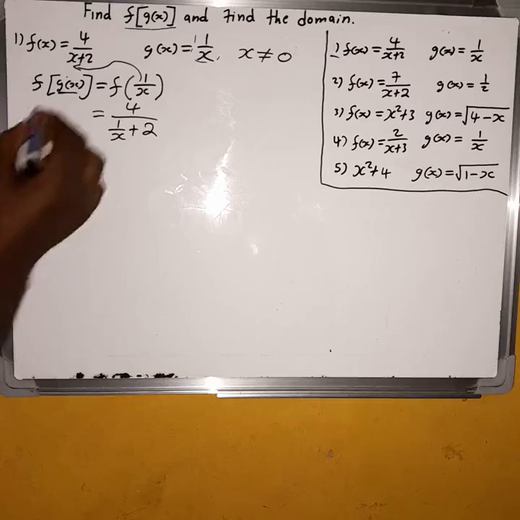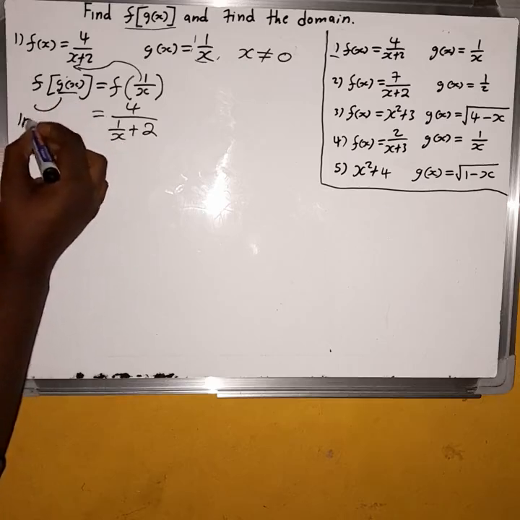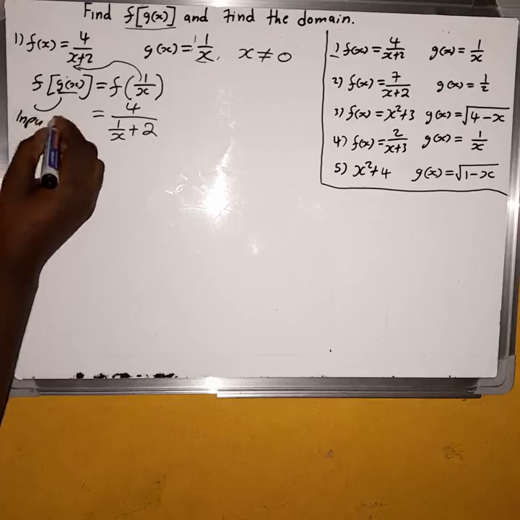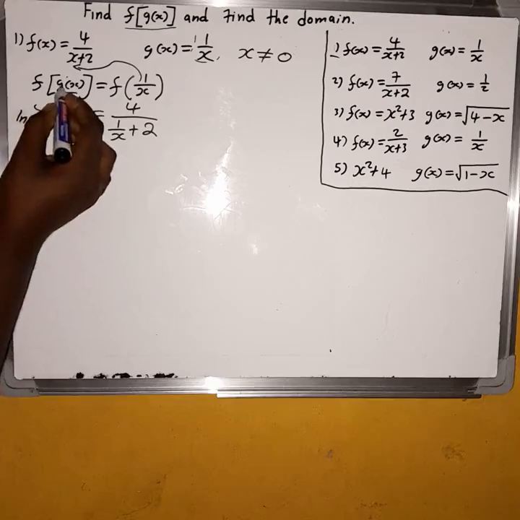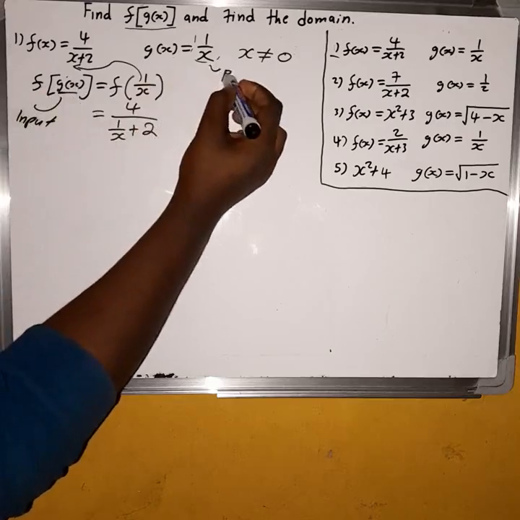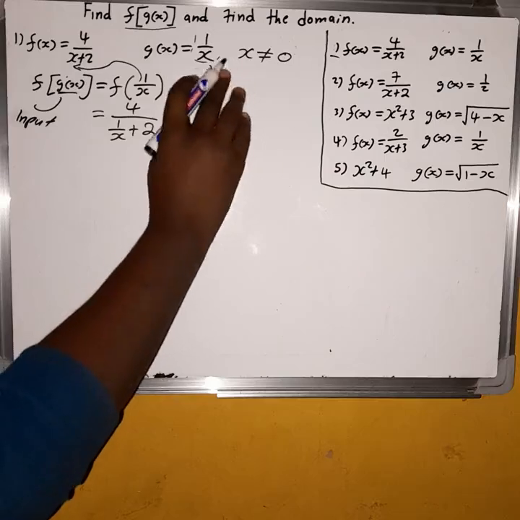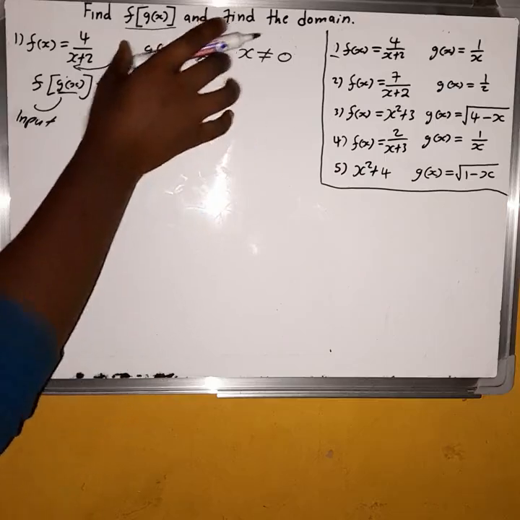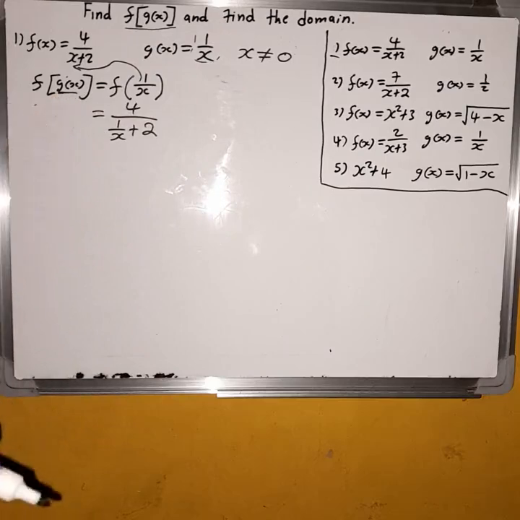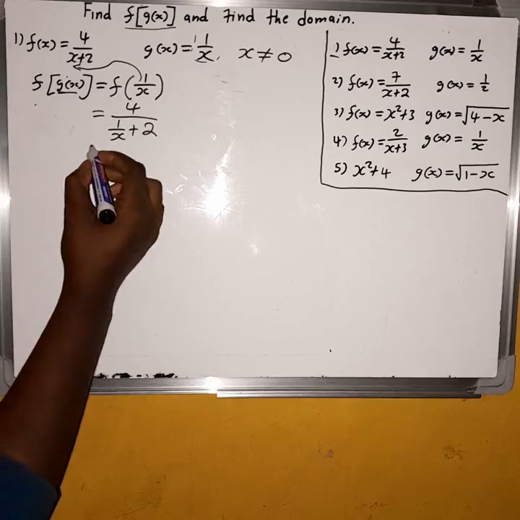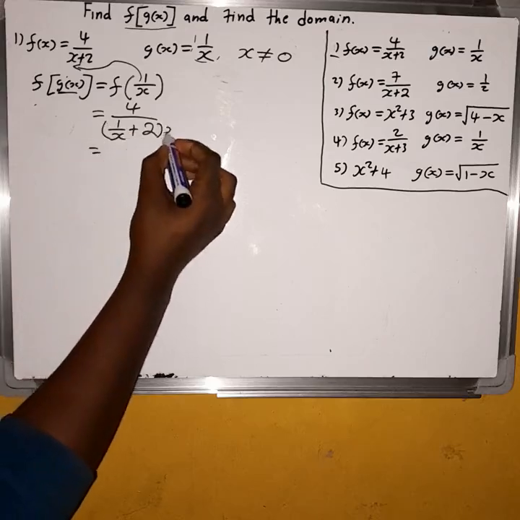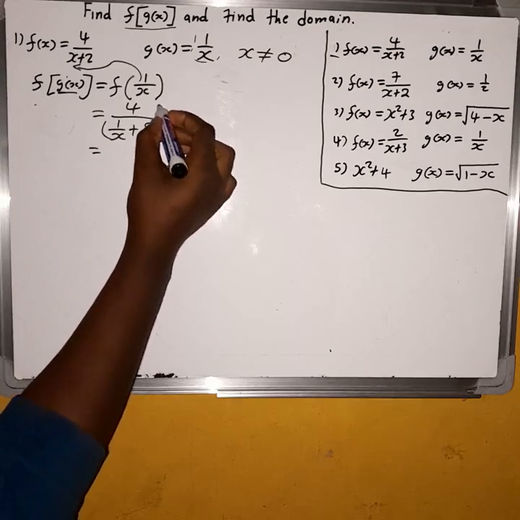Remember, this is our input, which is g of x. That one will be our input, so we'll focus on g of x. Multiply by x on top and bottom.